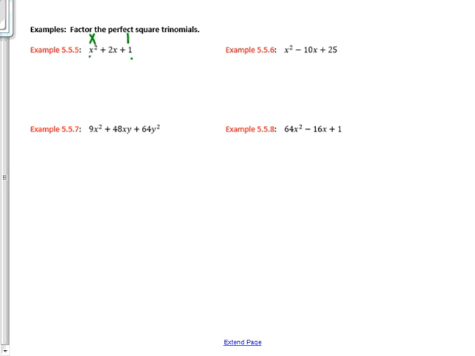Then ask yourself, could I multiply what's in green and double it for the middle? What do you get when you multiply x times 1? You just get x. Could you double it for 2x? If that's the case, then your answer is what's in green plus that middle sign. So I would say x plus 1, and then put a little square on it. You could work that as an easy trinomial and get the exact same answer, so there's another way to do it.